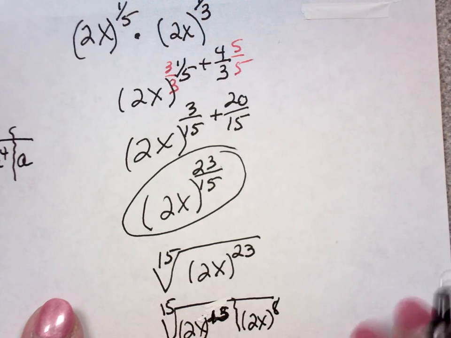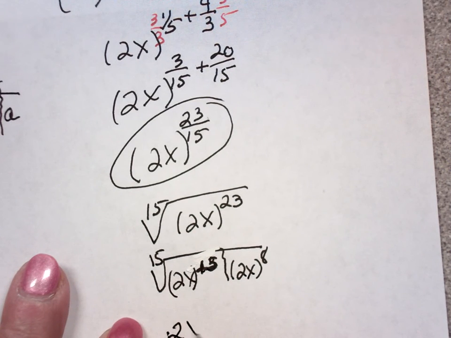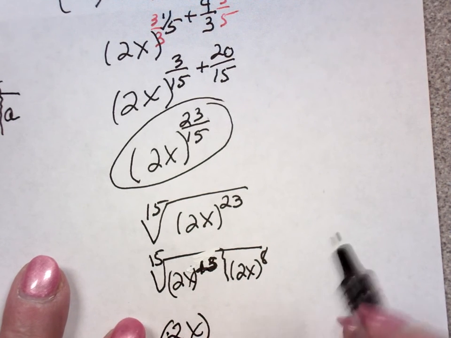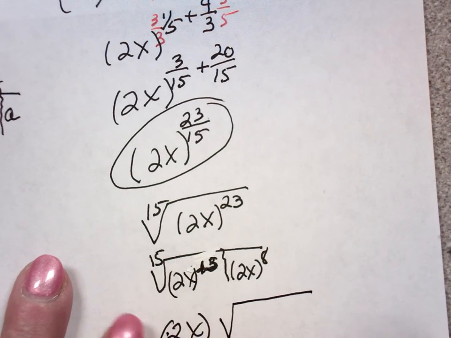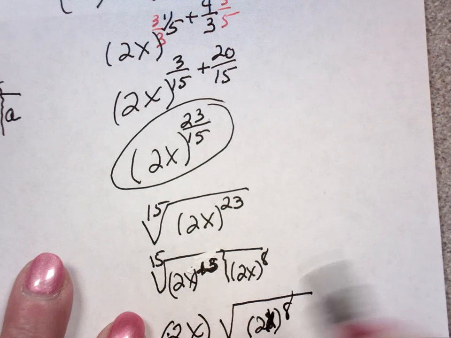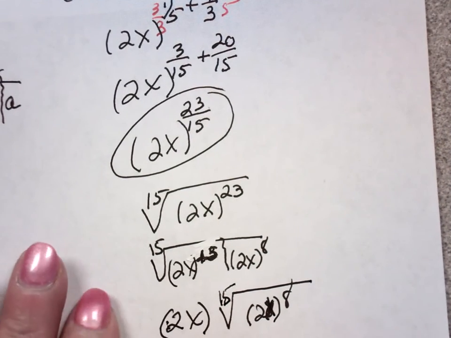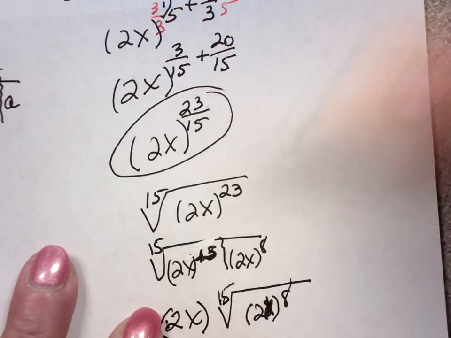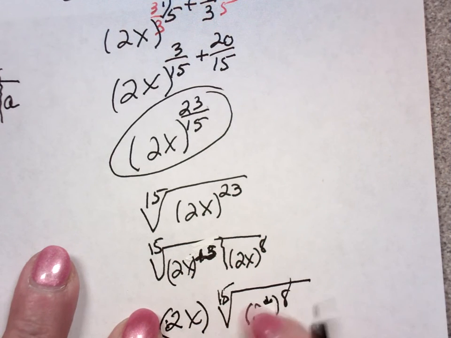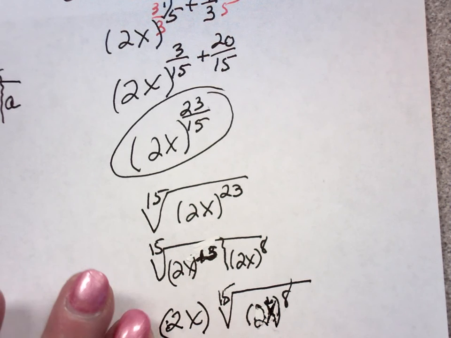That gives me 23 of them. Which gives me a 2x, and I probably don't need parentheses in this case, times the 15th root of 2x to the 8th. Don't forget your index. I almost did. 2x to the 8th. That still doesn't look like an x, but that's what it is.